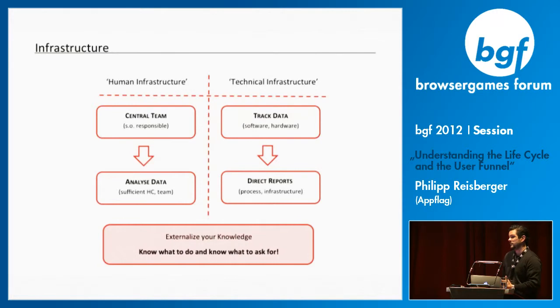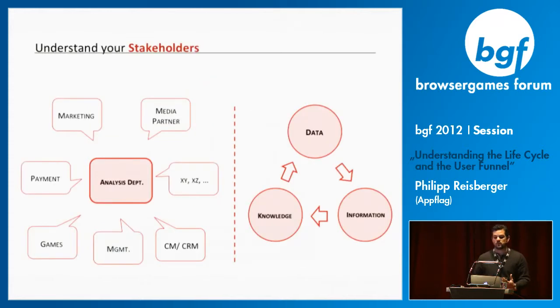And apart from that, even if you have the human infrastructure, you've got to have the technical infrastructure. And the technical infrastructure can be very, very challenging because there's so much you can track. This is just to provide a little bit of an example. If you are able to set up an analysis function, there are so many different stakeholders.